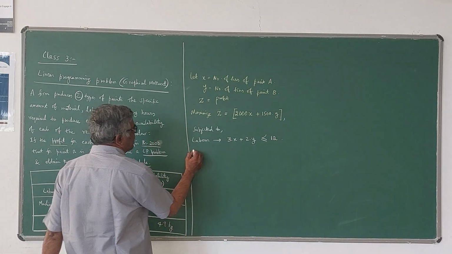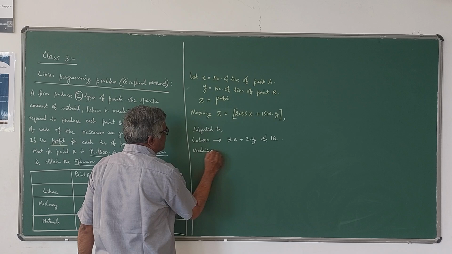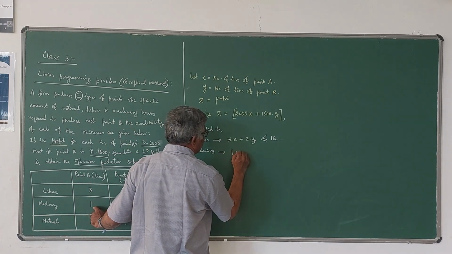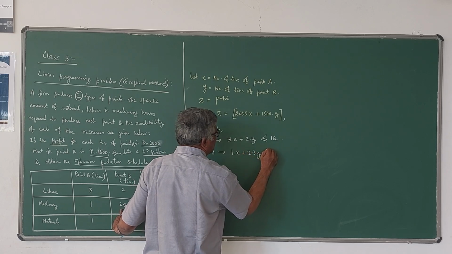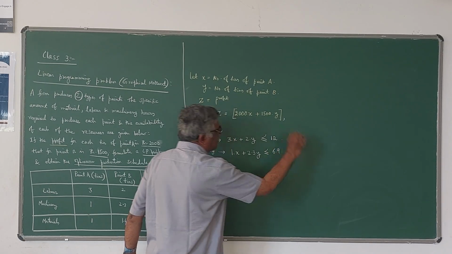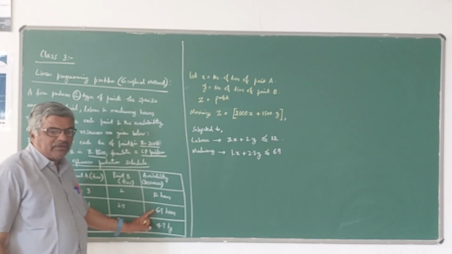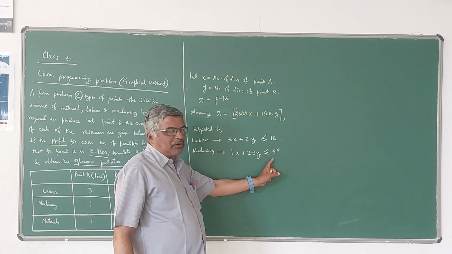Next, for the second equation, for the machinery, the constraint will be 1 into x plus 2.3 into y should be less than or equal to 6.9. In a maximization problem, this is the maximum value, so whatever value you get should be less than or equal to this.